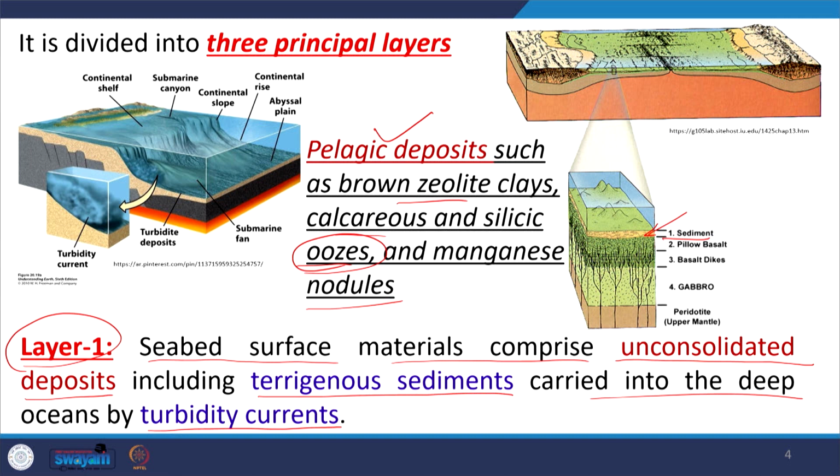In addition to that, certain ocean basins also receive sediment of volcanic origin. There is volcanic ash falling down, so volcaniclastic sediments are also there. So, by and large, you can say layer 1 on the oceanic crust is derived from multiple sources.